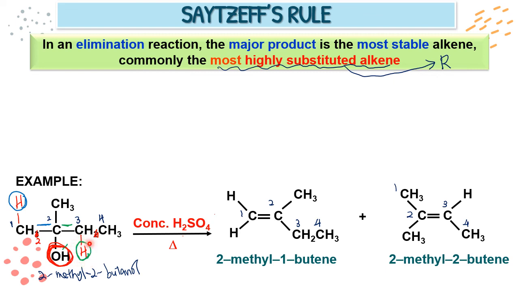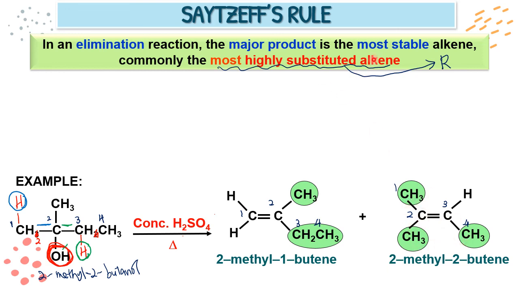Now we want to determine which structure is more stable, the major product. So we're going to focus on the alkyl groups. For 2-methyl-1-butene, it has 2 alkyl groups, because this carbon is bonded to 2 hydrogens and 2 alkyl groups, while 2-methyl-2-butene is bonded with 3 alkyl groups at the carbon-carbon double bond.